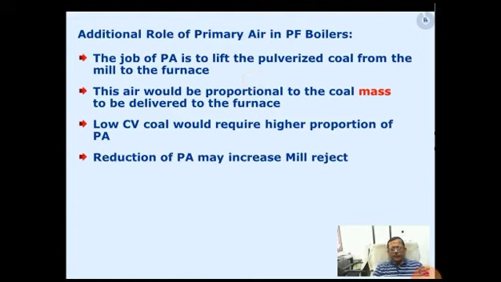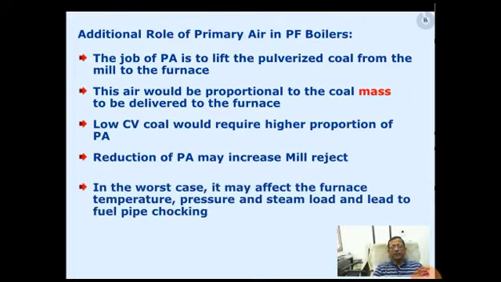Reduction of primary air. If I want to reduce primary air, then the first thing it is going to do in a pulverized coal-fired boiler is increase the mill reject, or the unburned in the mill reject, right? That is the first thing that is going to happen. In the worst case, if I go on reducing the primary air, it may affect the furnace temperature, because the coal would not be reaching the furnace, and the steam pressure and steam load, because the steam formation would not be there, since fuel is not going inside the furnace.